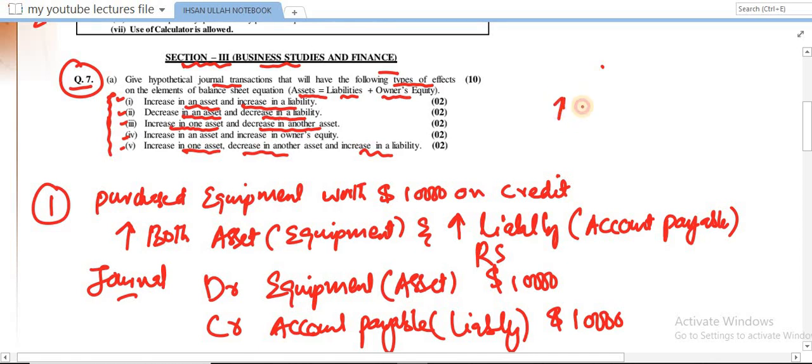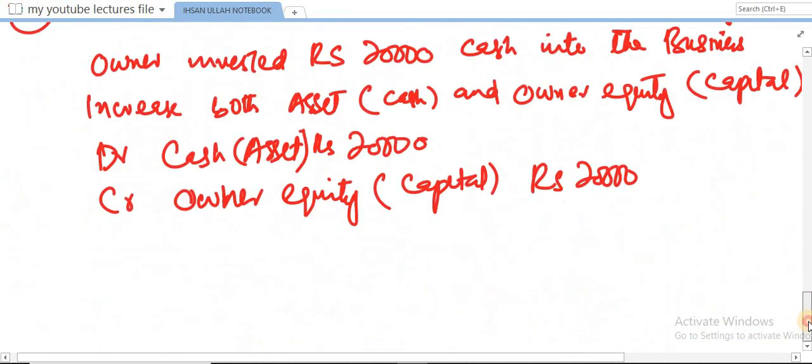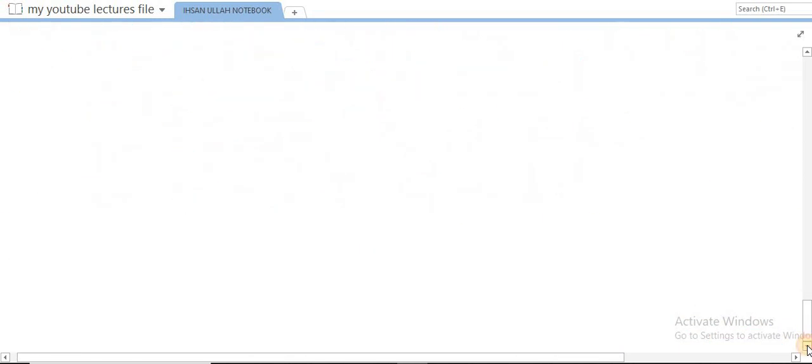Meaning increase one asset, decrease another asset, increase liability. Okay, so let's do this part. Let me write here the 5.